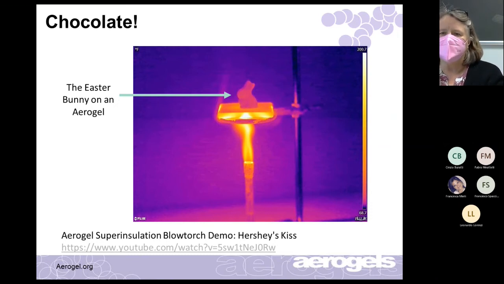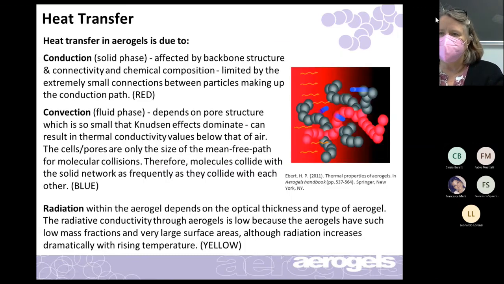So one of the things about aerogels, what makes them so interesting is that they are so thermally insulating. And so I'm going to talk a little bit about heat transfer in aerogels, the different mechanisms, what it is that makes them so insulating.